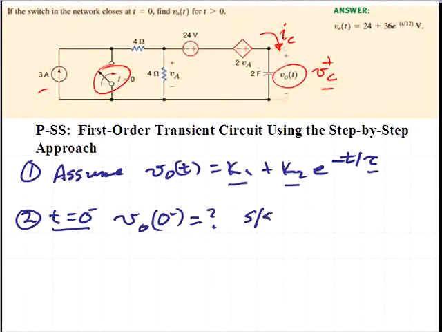This is a steady state condition, and therefore the capacitor current IC at 0 minus is equal to 0. We'll do a KVL voltage summation around the path indicated here.